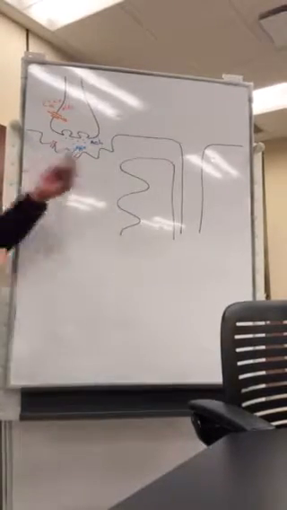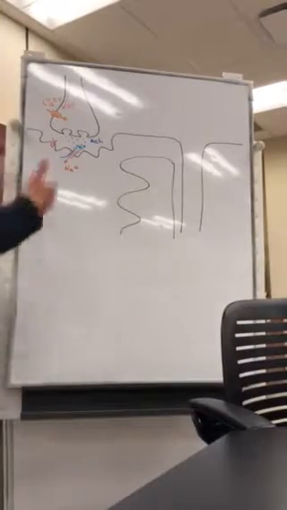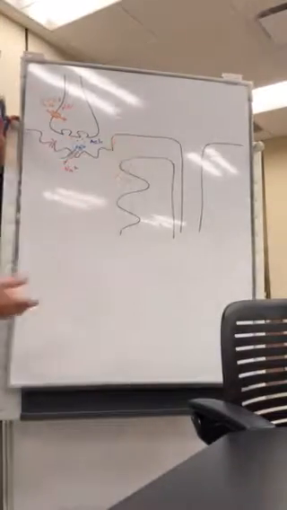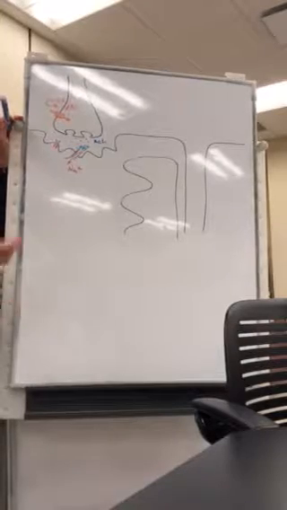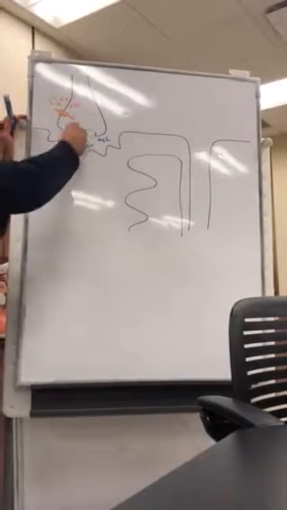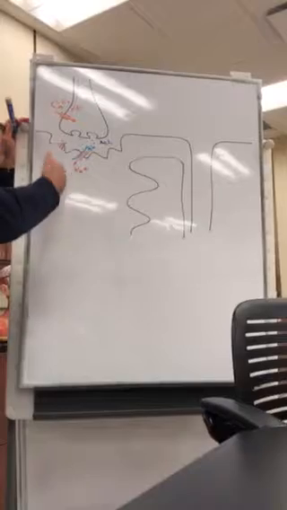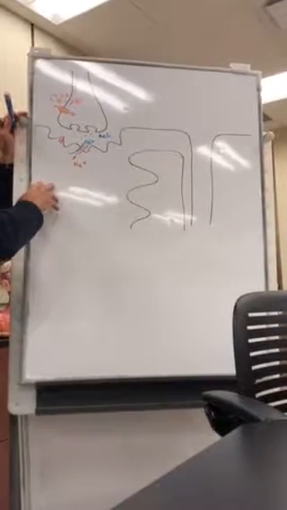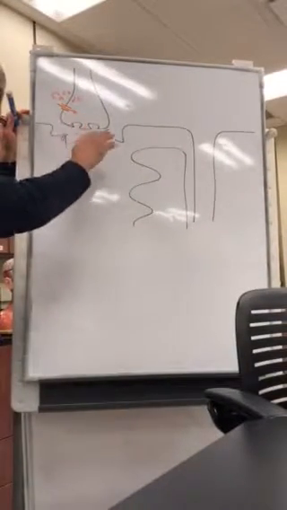Either sodium or potassium can get through, but sodium concentration in the extracellular fluid is higher. So sodium diffuses into the cell. Potassium concentration inside of the cell is higher, and that's why it diffuses out of the cell.